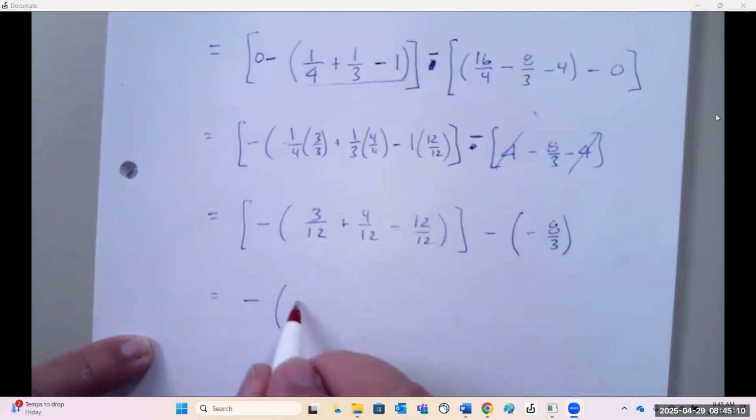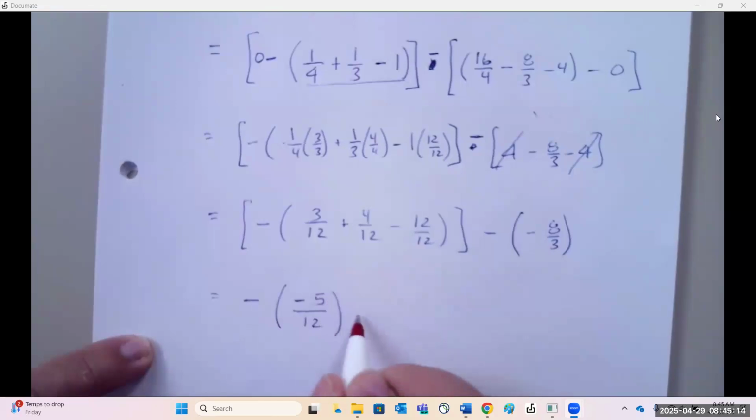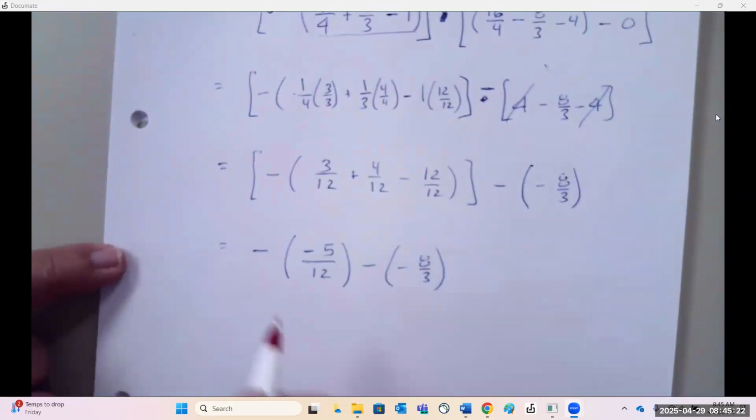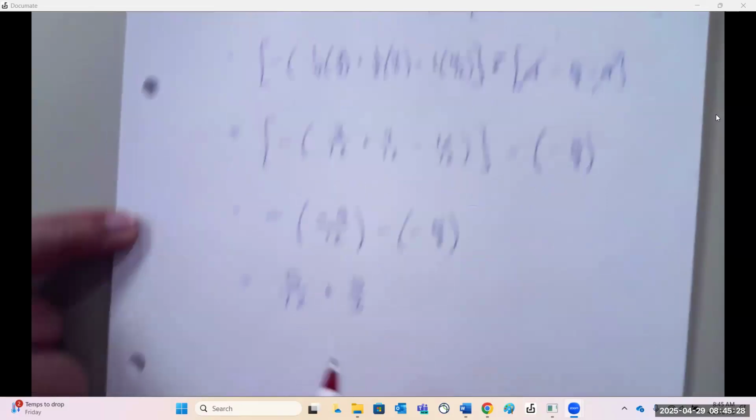Seven minus 12 is negative 5/12 minus negative 8/3. So it's 5/12 plus 8/3.